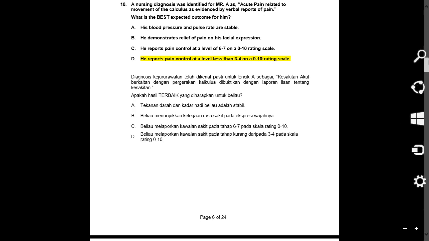Actually we cannot exactly say about pain using facial expression, because if you know about the different cultures of patients, some cultures hide pain and they don't like to express pain. So we cannot accurately say the pain has reduced. So answer B is wrong.